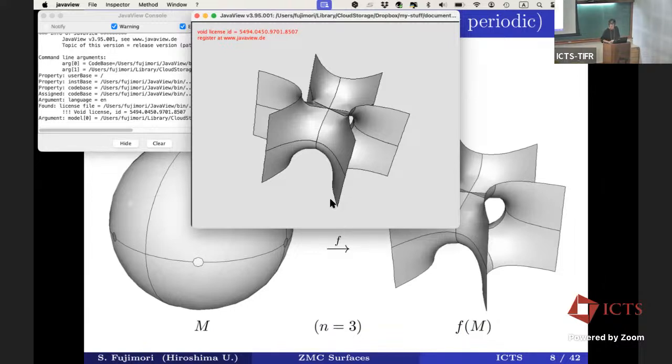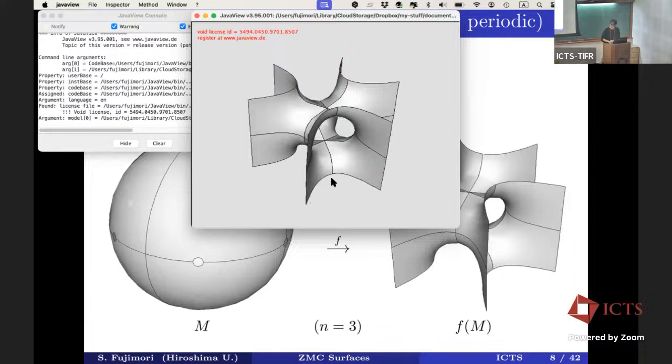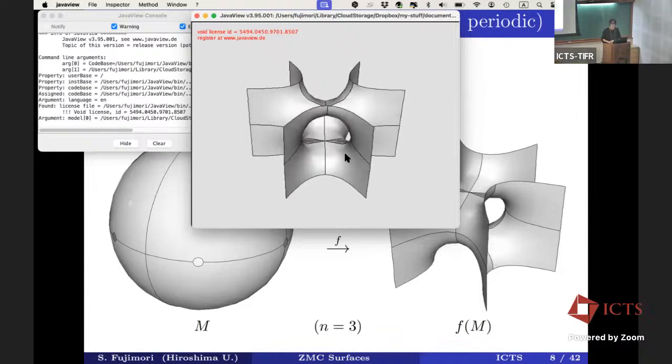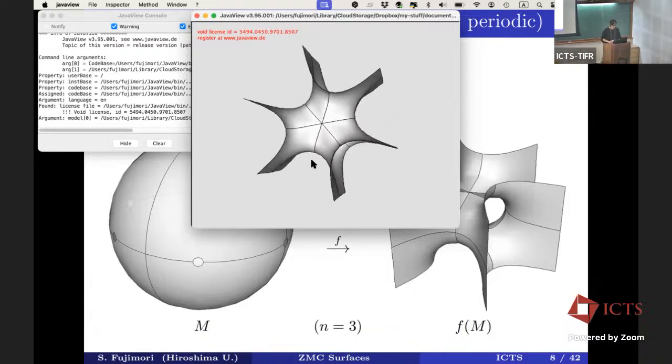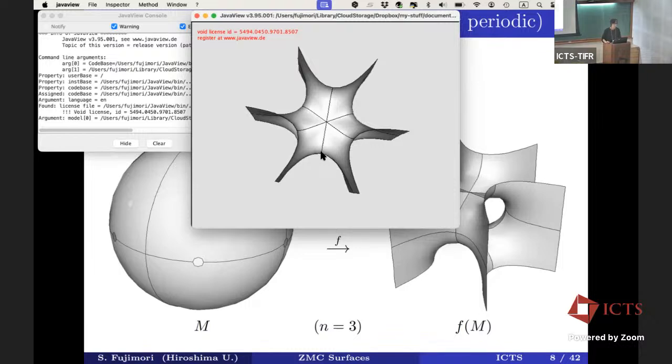So this is the end, and the end looks vertical. Then this equator corresponds to this part or this part. The upper curve and lower curve can be identified because this is singly periodic. And this half of circle again describes the almost parallel ends.